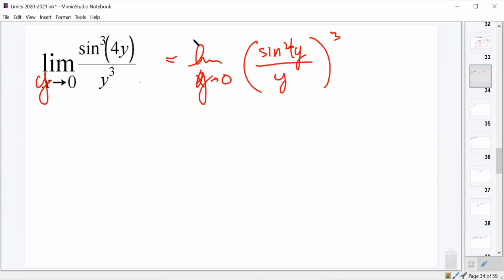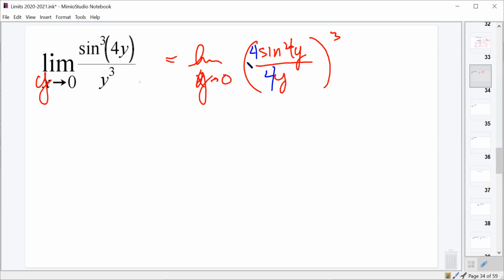Anyway, this limit here, sine 4y over y, we can't evaluate that until this denominator has a 4 in front of it, right? So let's do that. Let's put a 4 in front of that. If I put a 4 in front of that, what do I have to do with the numerator inside the parentheses? I have to put a 4. So once again, we've almost got the sine 4y over 4y, which would be 1, but we've got this constant that we need to pull out.